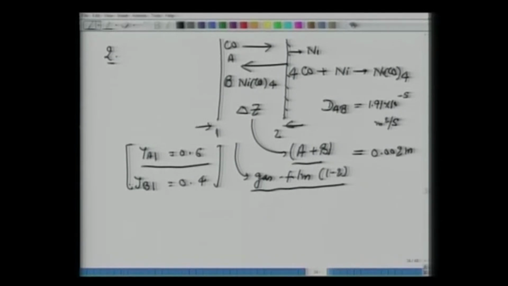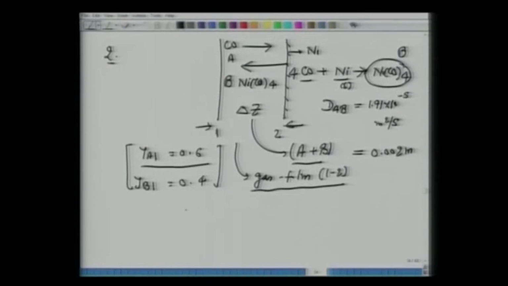Now if you notice, A diffuses in this direction and B diffuses in the reverse direction. Going by the stoichiometry, 4 molecules of carbon monoxide react with 1 nickel at the surface to give back product B in the stoichiometric ratio of 4:1.